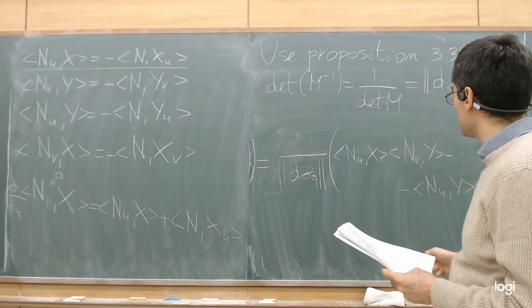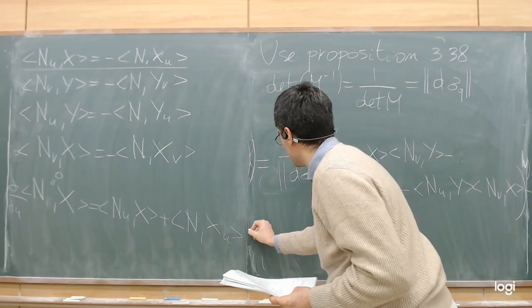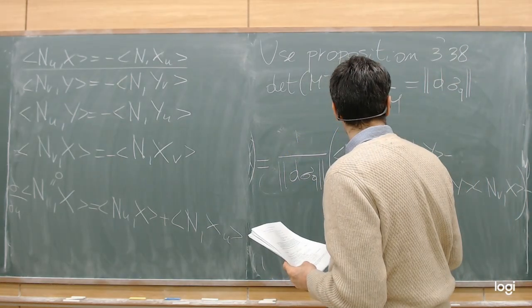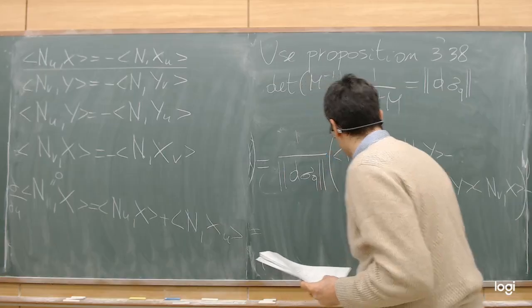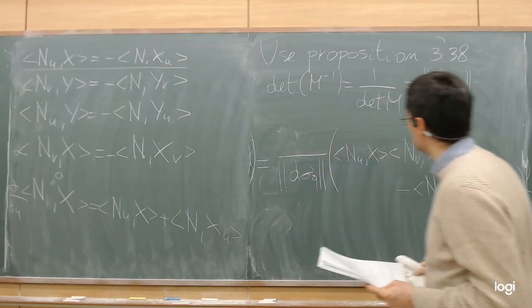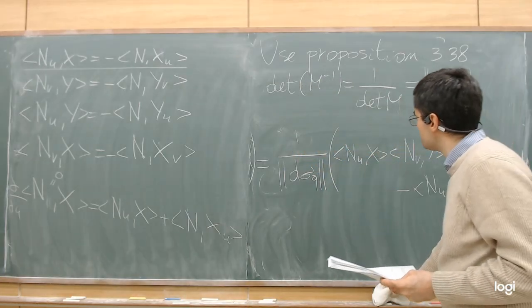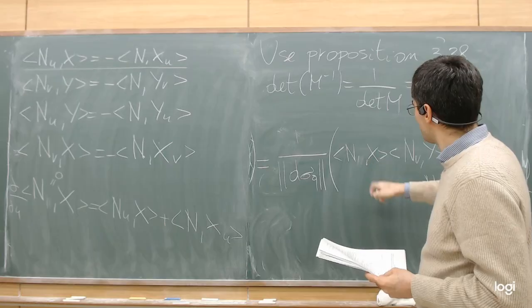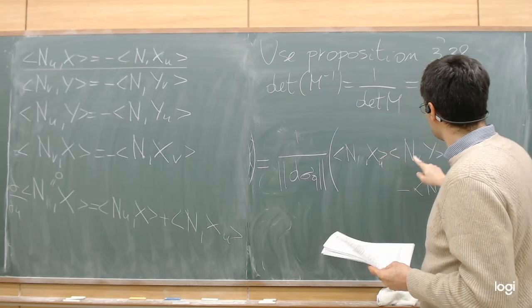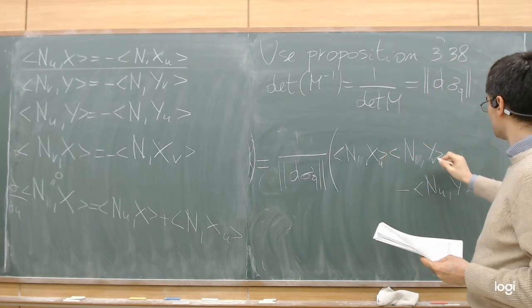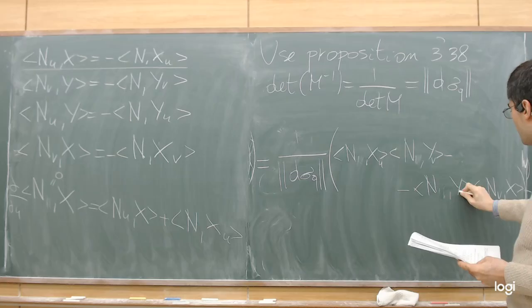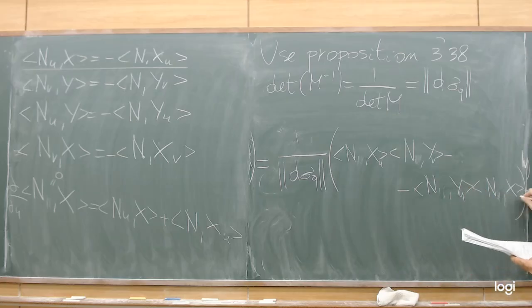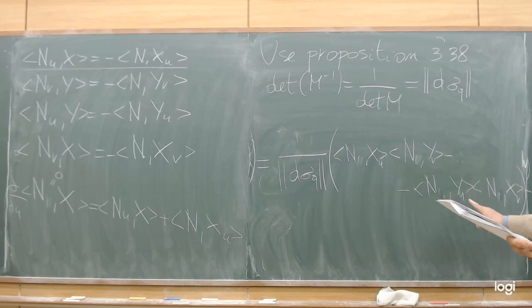So what do we get here? We get that this is equal to, in order to save time, I could just do this. And now, what is this?